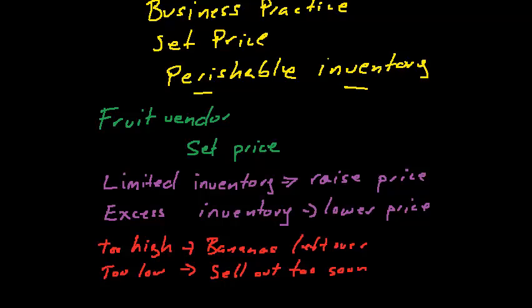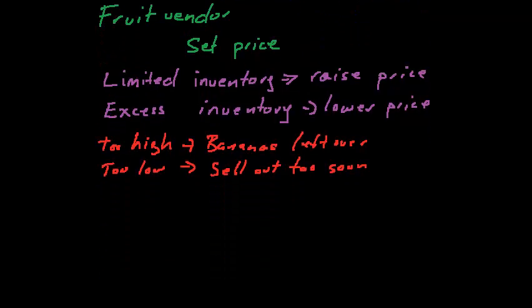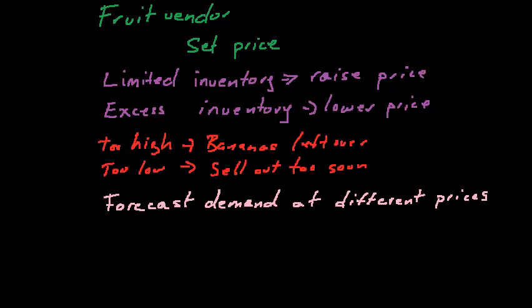So what he really needs to do is forecast demand at the different price levels. If he knew the demand at different price levels, he'd be able to choose the price that clears his inventory of bananas by the end of the day and maximizes his revenues.